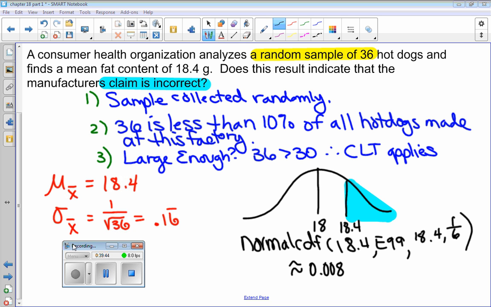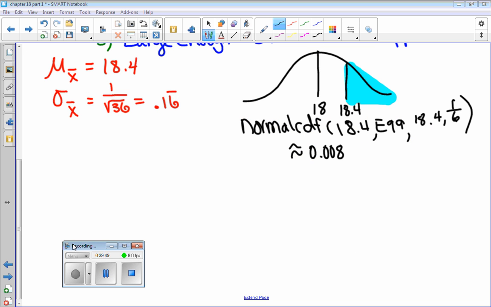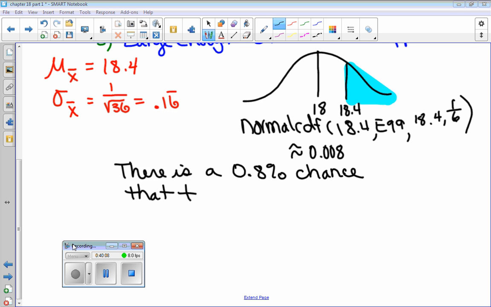It means that, I'm going to write it down because I have it written in words. It's probably a good way to, I don't want to say it wrong, okay? It means that there is a 0.8% chance, right, that the true mean, the true average, is greater than 18.4, right?